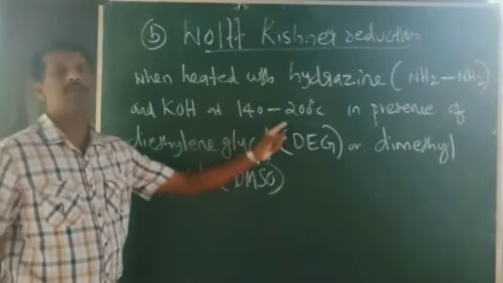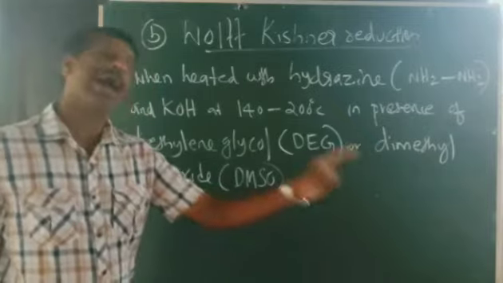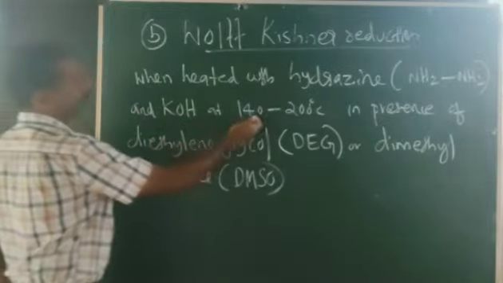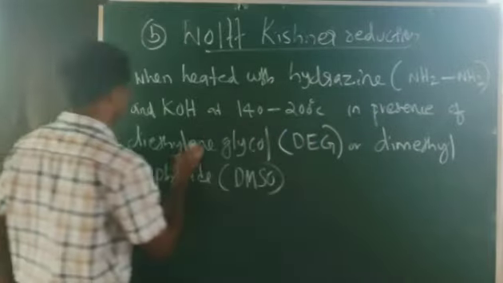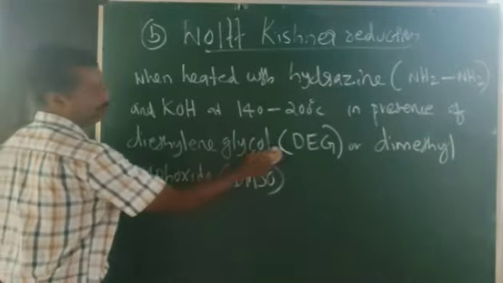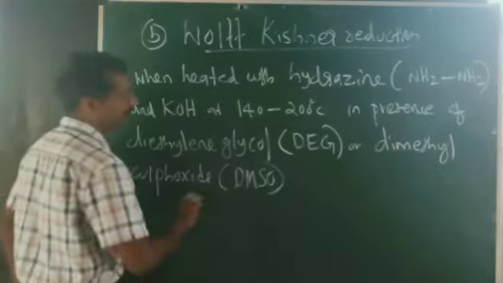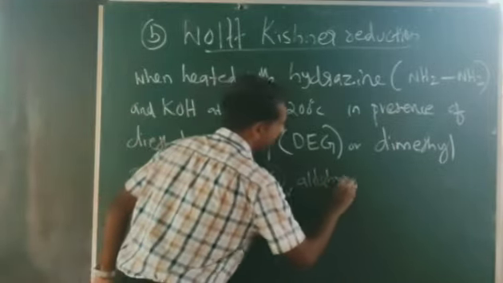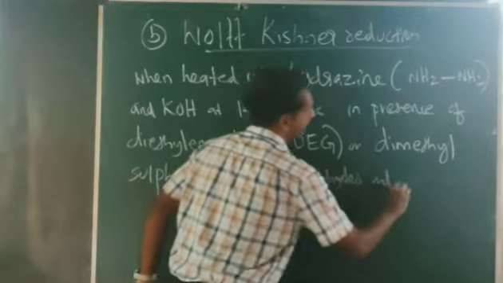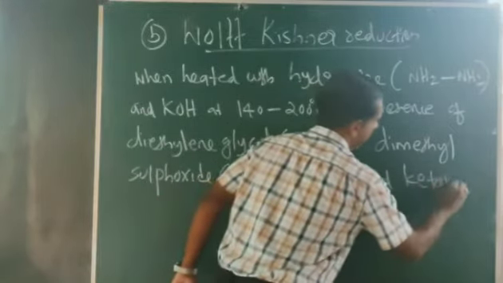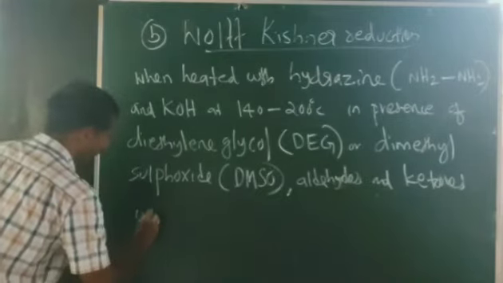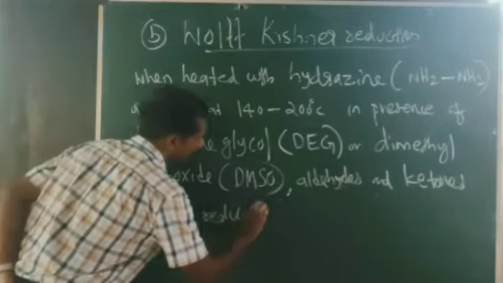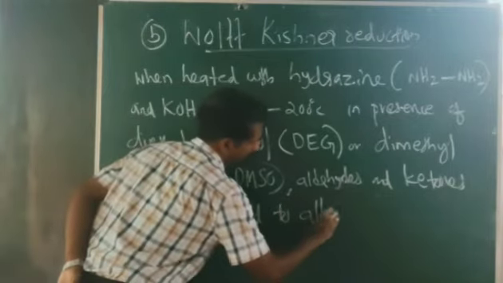Aldehydes and ketones will be reduced to alkane. When heated with hydrazine and KOH at 140 to 200 degrees Celsius in presence of diethylene glycol or dimethyl sulfoxide, aldehydes and ketones will be reduced to alkane.